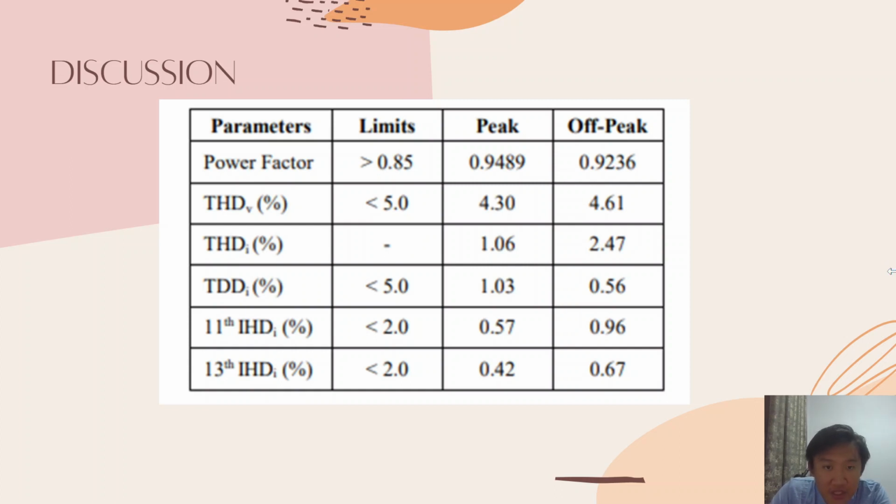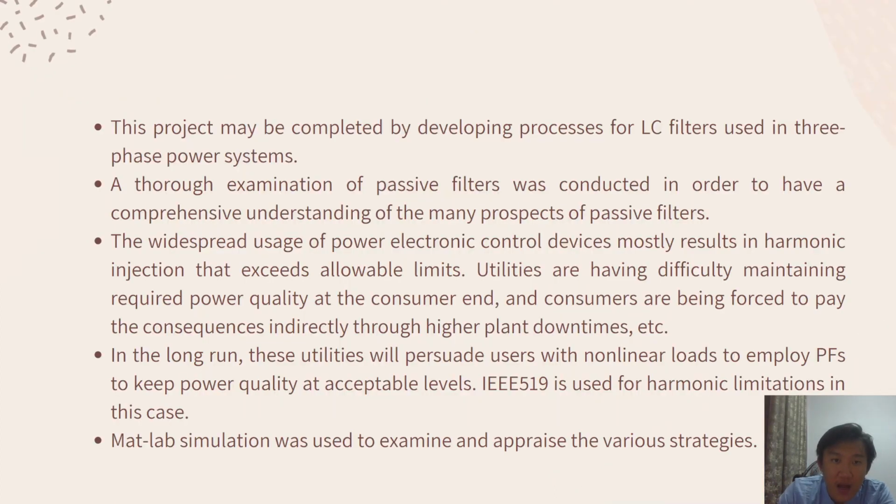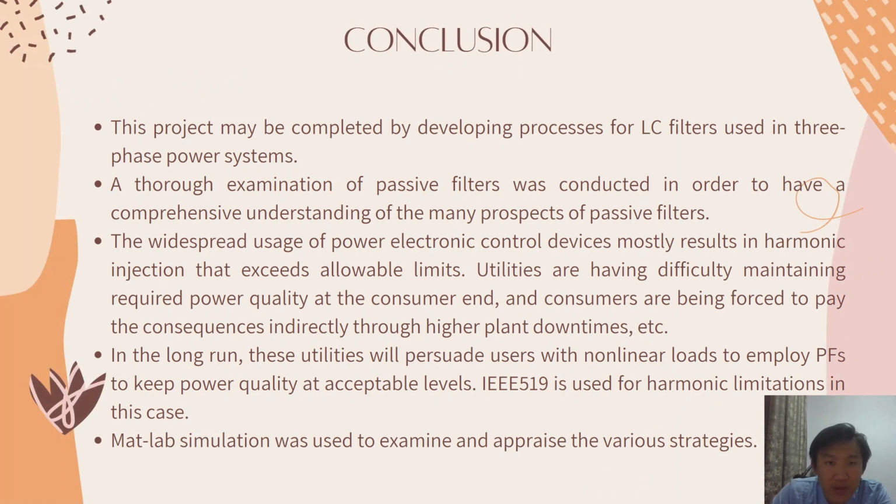And then our THD, mostly of it is less than 5%. So it is safe to say that our project may be completed by developing the process of this filter used in a three-phase power system. Although elimination of this filter was conducted in order to have a comprehensive understanding of many prospects of these active filters.